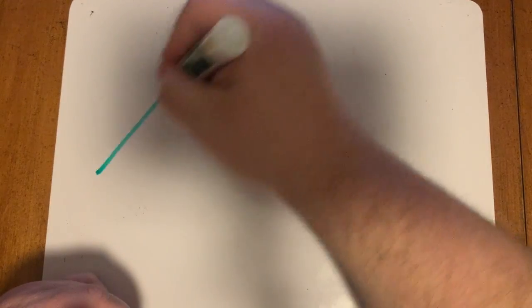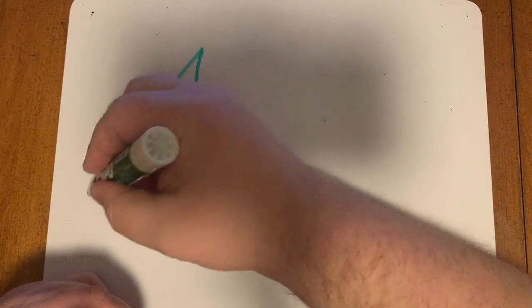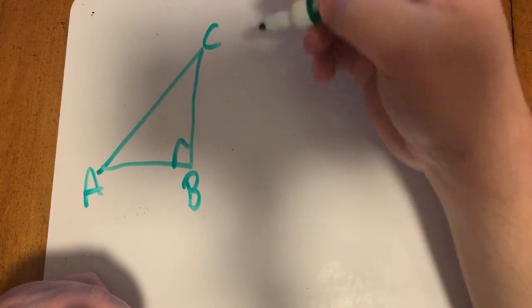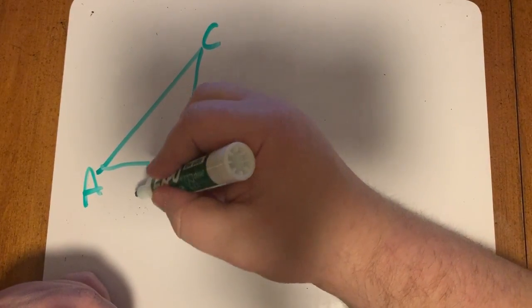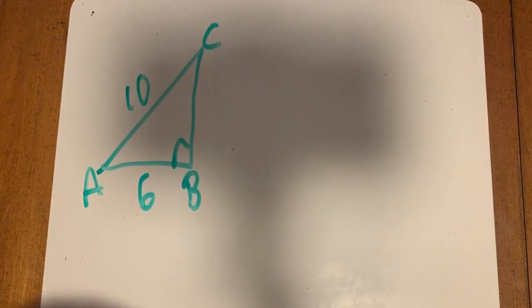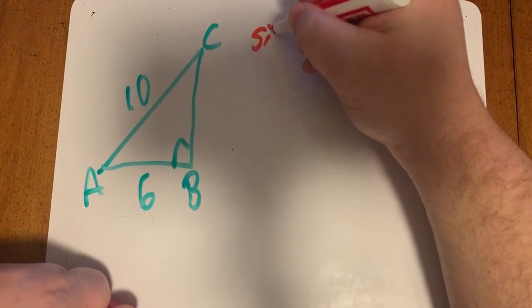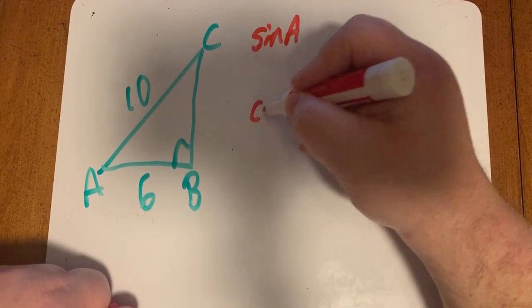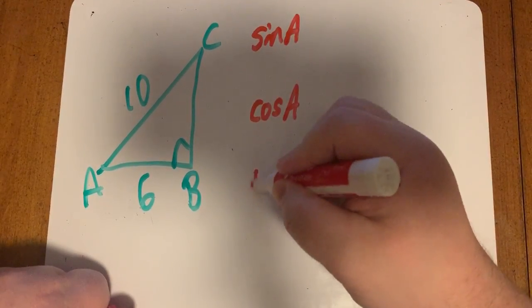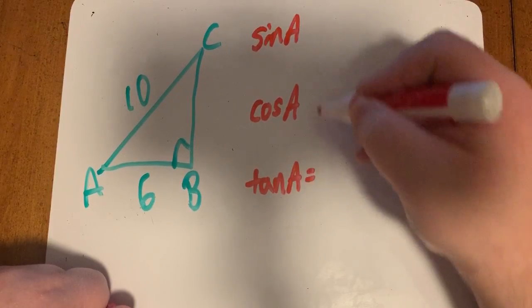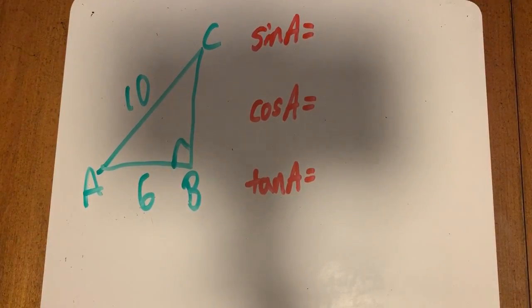So if we have a triangle, just an arbitrary triangle, I'm going to call this triangle ABC, and I'm going to say that this is 6 and that's 10. If we wanted to do sine, cosine, tangent of one of the acute angles, so in this case I'm going to choose A, we need to know what the third side of the triangle is.